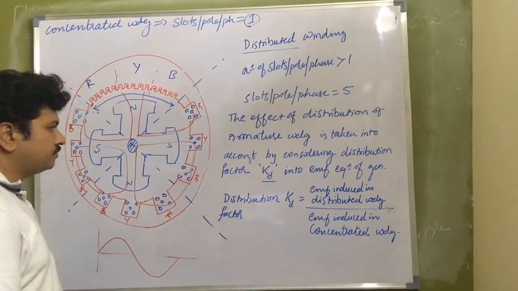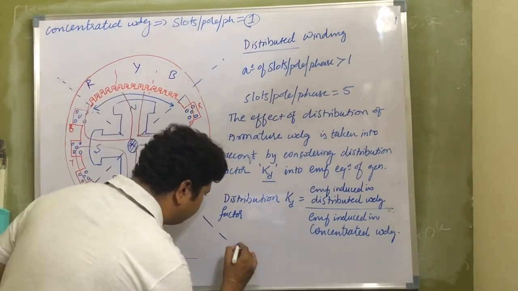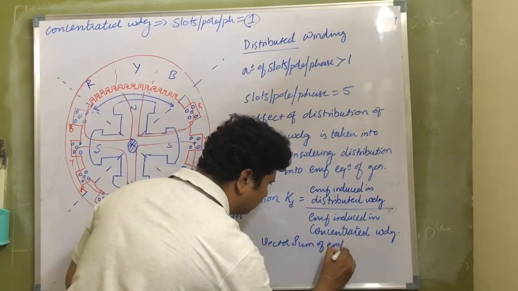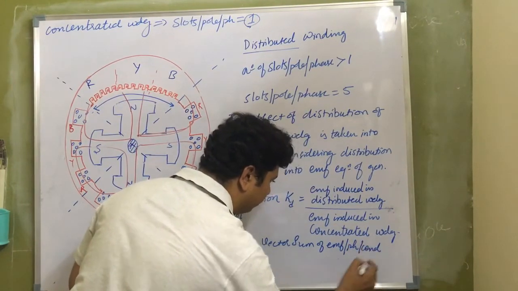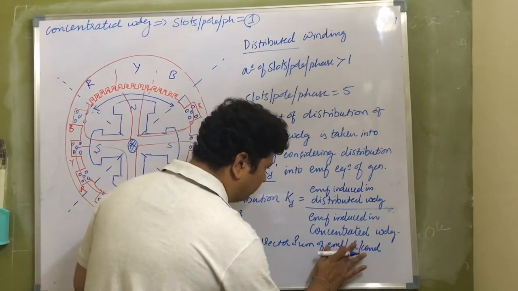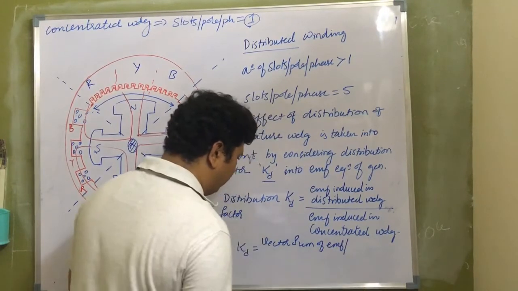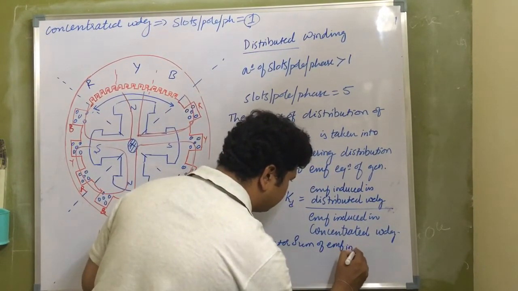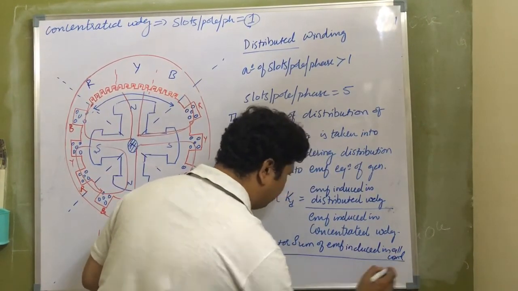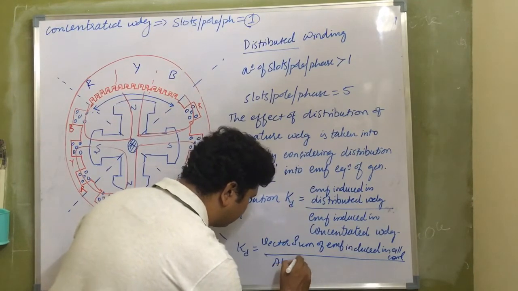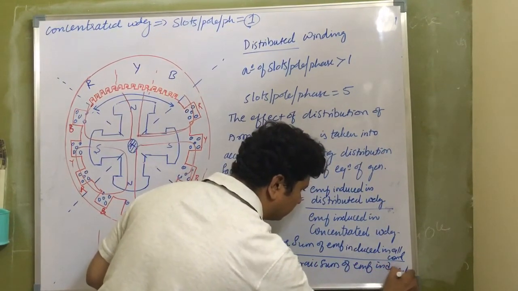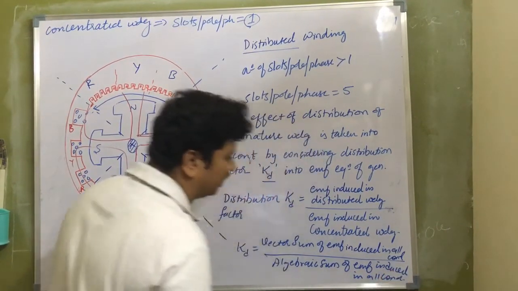So KD is equal to the vector sum of EMF induced in all conductors divided by the algebraic sum of EMFs induced in all conductors.